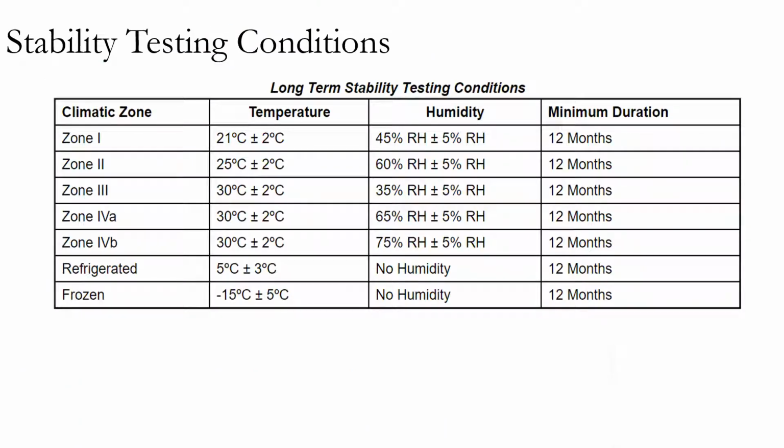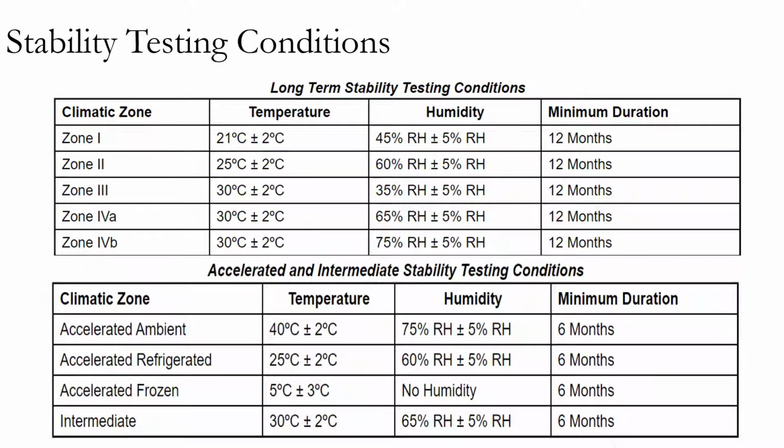For the stability testing conditions, on the slide you can see the temperature variability is plus or minus 2 degrees Celsius, but in case of refrigerator and frozen, the variability is 3 to 5 degrees Celsius, plus or minus, with no humidity. This is the minimum duration: a stability study should be tested for at least 12 months. These are the normal conditions.